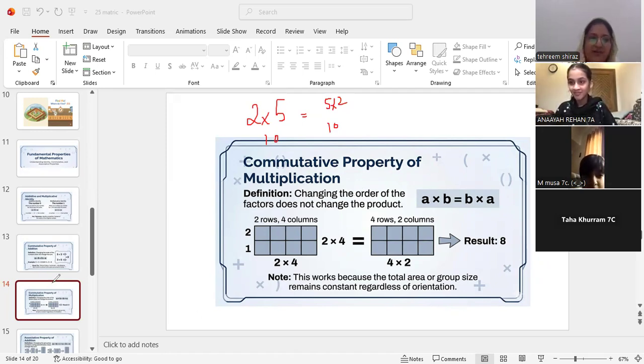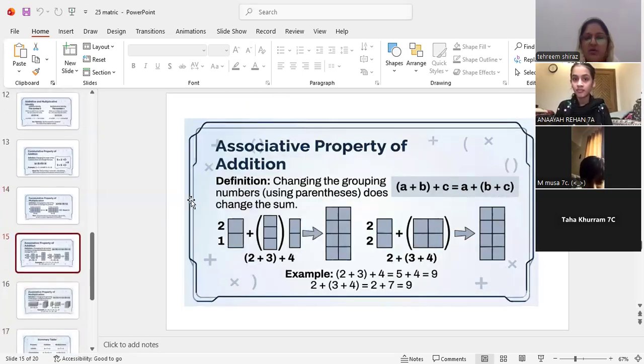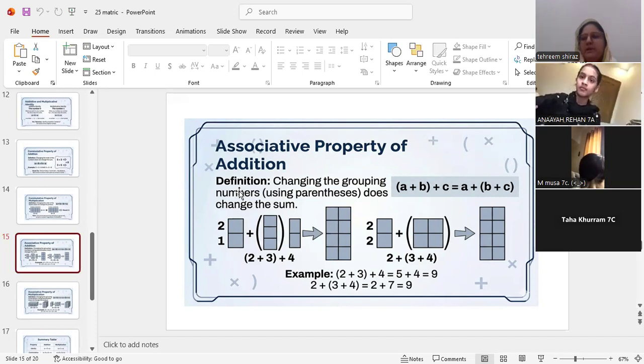So let's move further. The next property is a little bit confusing: the associative property of addition. When I am talking about only 2 numbers, I will be talking about the commutative property of addition and multiplication, right?